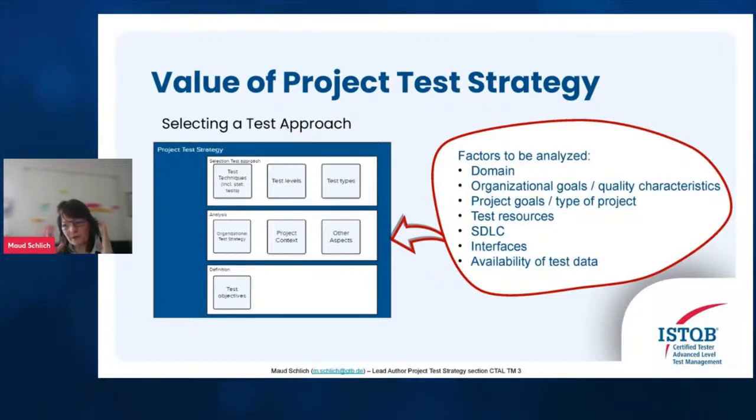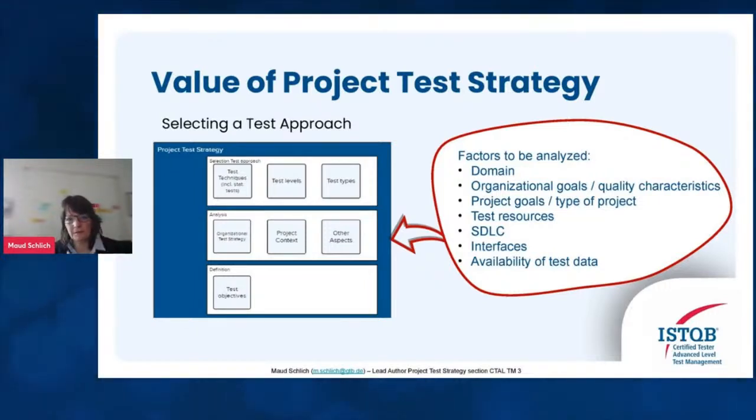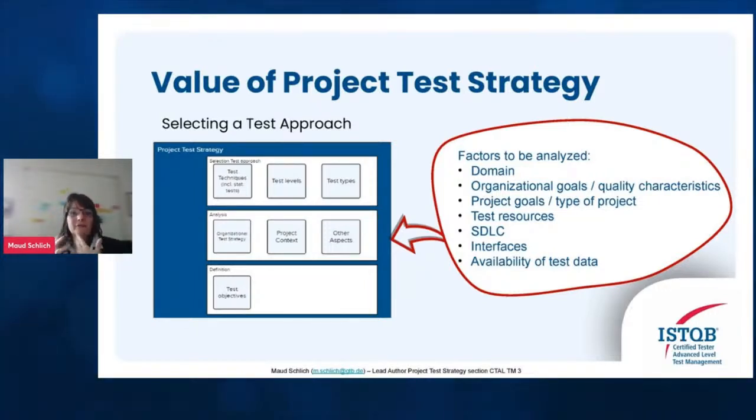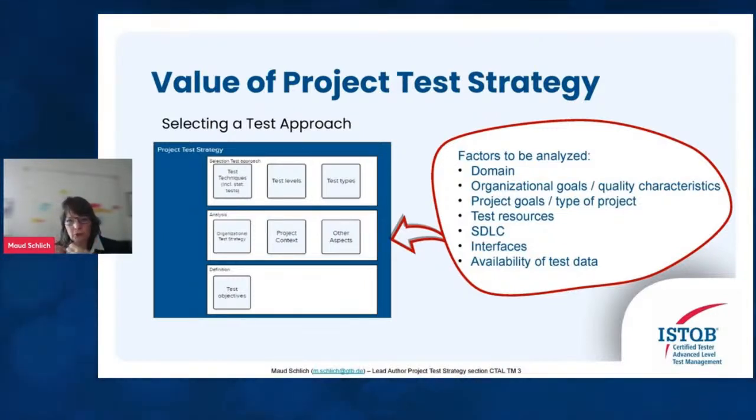And always remember, we have the assumption that the organizational test strategy is given. So there are many things you need not worry about too much because they're given, you can just reuse them. It might even be that you have some kind of boilerplates to come up with your test plan. So you have to select more than really create something new.